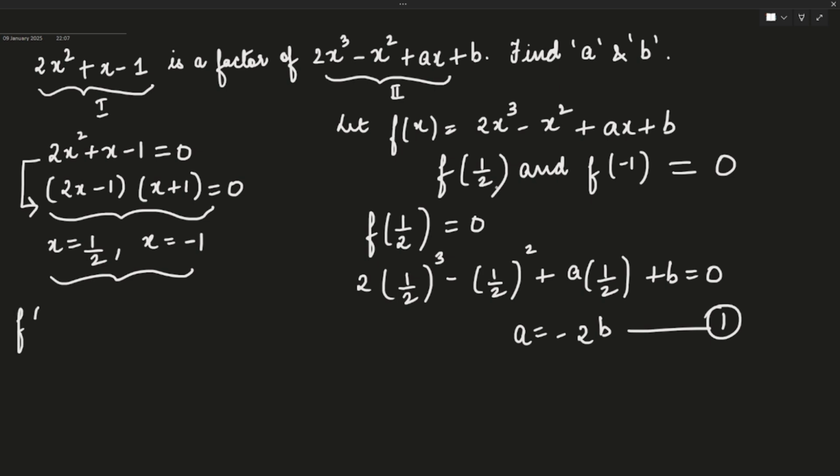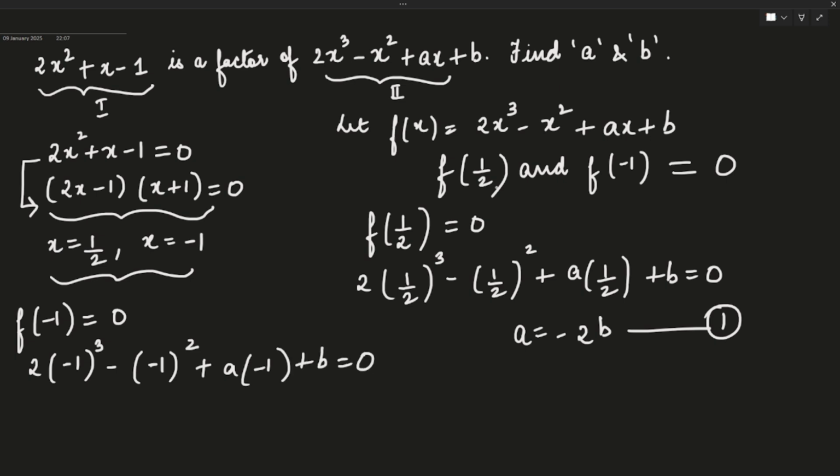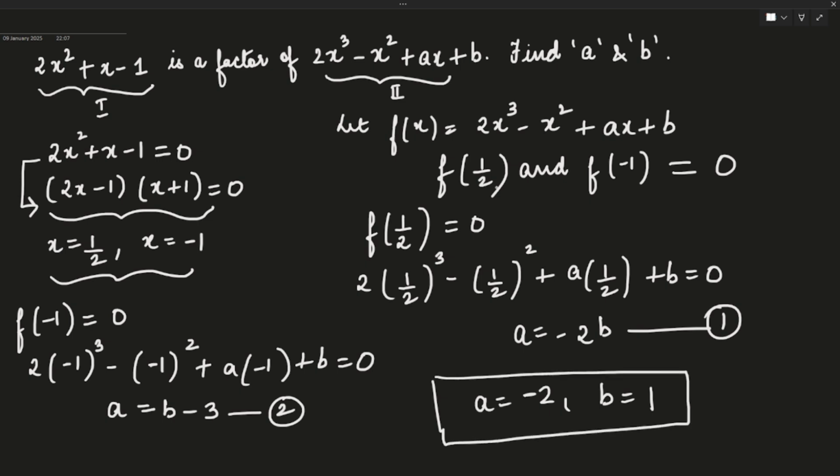Now we put f(minus 1) equal to 0: 2 into (minus 1) cubed minus (minus 1) whole squared plus a into minus 1 plus b is equal to 0. When you solve this, you get a is equal to b minus 3. So you have two equations in two variables, and solving them, you get a is equal to minus 2 and b is equal to 1. These are the values of a and b.